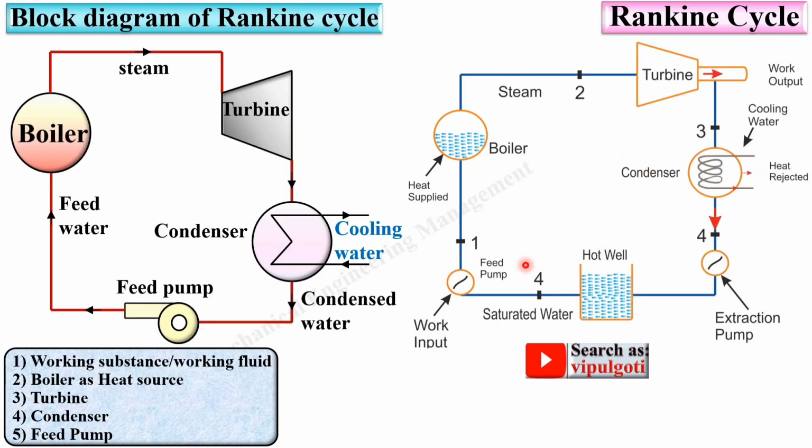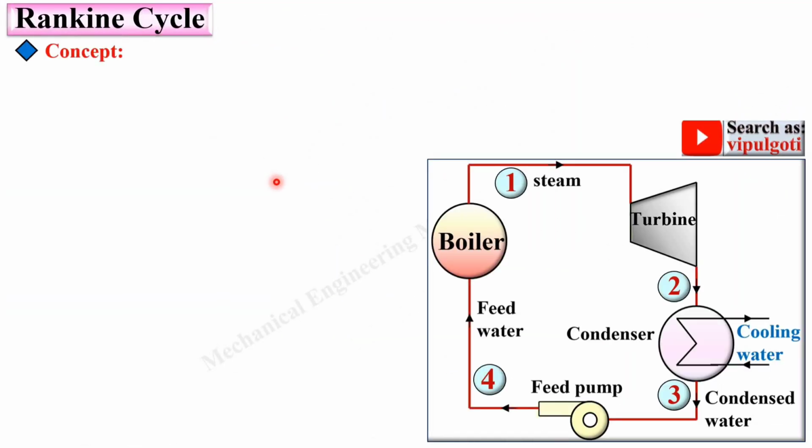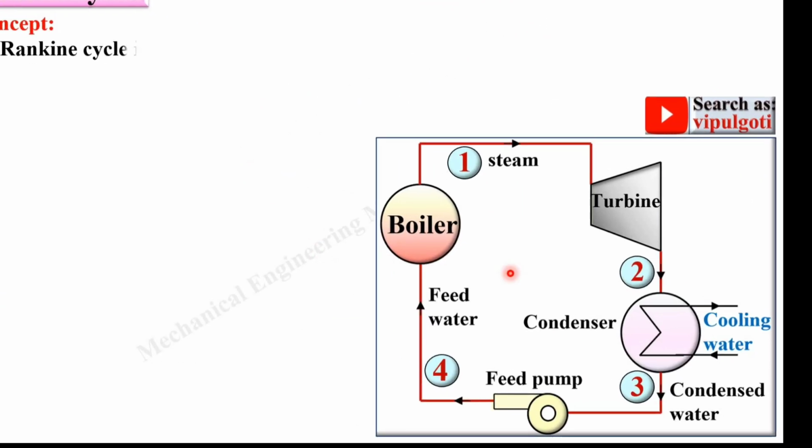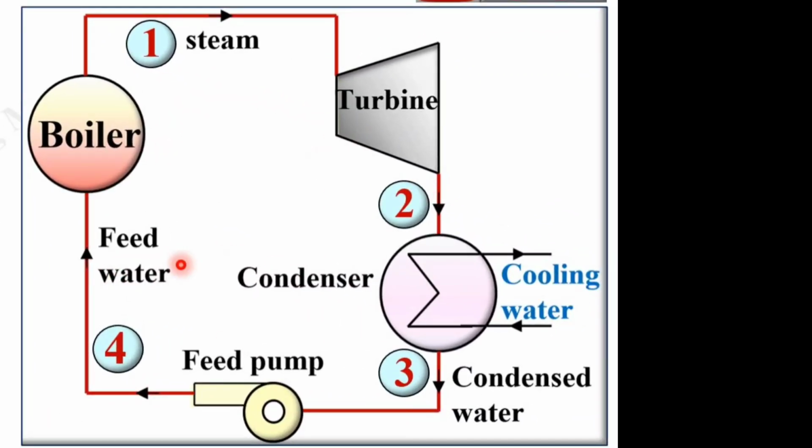Here you can see the animation of the Rankine cycle. Now let's see the concept of the Rankine cycle. The Rankine cycle is the fundamental thermodynamic cycle which is used in the steam power plant. It converts heat energy into mechanical work using water, or you can say steam, as the working fluid.